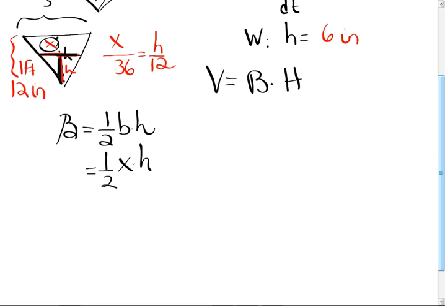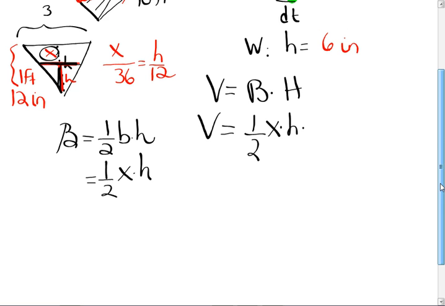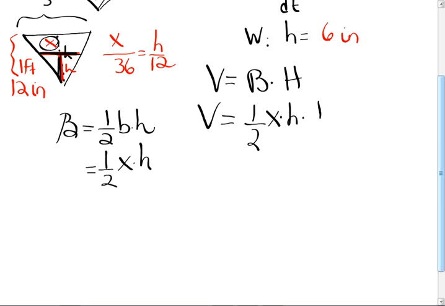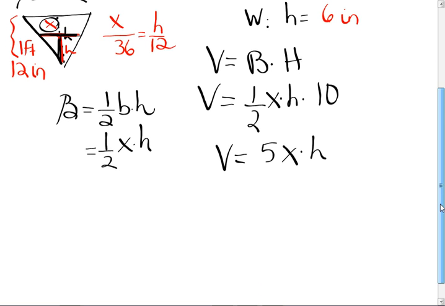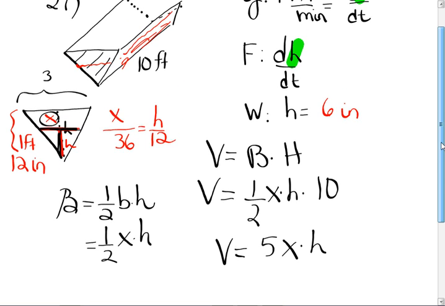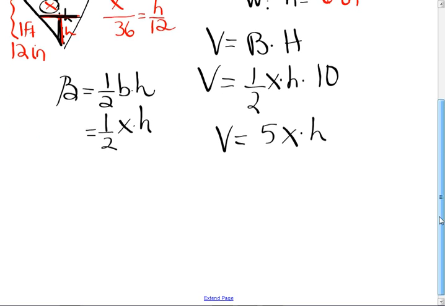So substituting into my formula, because I haven't looked at this for a while, so I'm just doing the problem. It's X times H, and what's the big length? 10. So V is equal to 5 times X times H. A lot simpler than what it started out looking at. But I want to relate H and V. So which one do I want to get rid of?